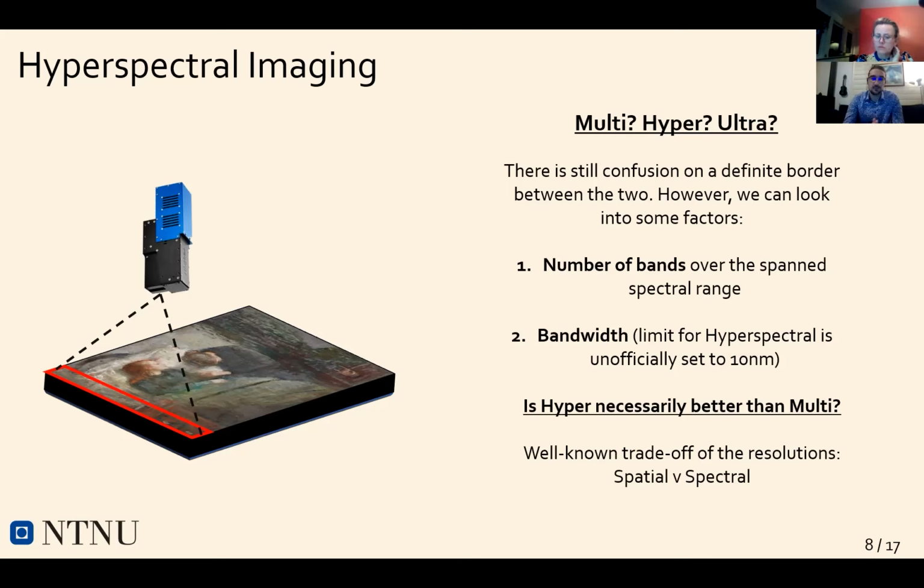So if you really want a high spatial resolution, then you should probably go with a normal camera or with a multispectral camera, because there is a construction limit with the way the sensors are built, that you cannot have at the same time a super high spatial resolution and a super high spectral resolution. And this is actually what my project is working on at the moment, because, for example, infrared cameras do not have the same spatial resolution as visible cameras at the moment. So what I'm trying to do is to bring these resolutions to match.